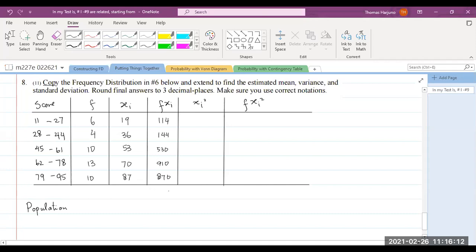So when I add them, I get 2,568. So the population mean mu will be 2,568 over 43. I get 59.7 to 3 decimal places, 59.721.